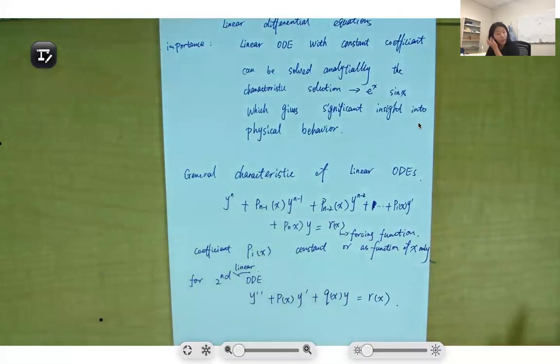So this is the general form for the second order linear ODEs. You can see that the coefficient is only constant or a function of x. And you have a forcing function at the end, which is r(x).